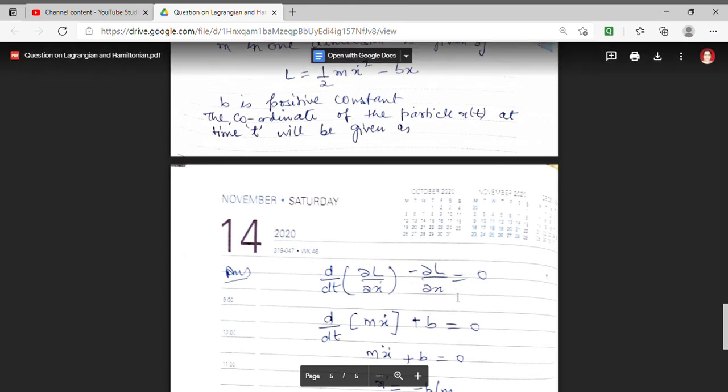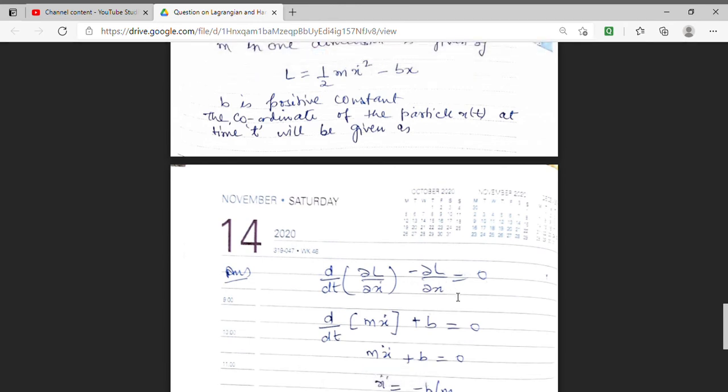The general Lagrangian equation is d by dt del L by del Qj dot minus del L by del Qj. Qj means generalized coordinate, which for our problem is x coordinate. So we have expressed our Lagrangian equation as d by dt del L by del x dot minus del L by del x equal to 0.